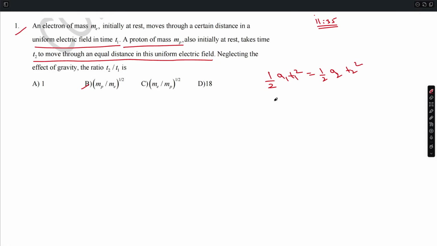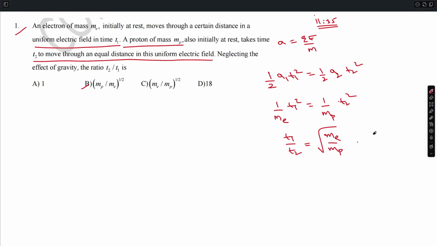The charges are the same. Acceleration in this case is qE by m. Numerators are the same; only the denominator is the factor. So 1 by mass of electron times t1 square is 1 by mass of proton times t2 square. So t1 by t2 is root of mass of electron by mass of proton.